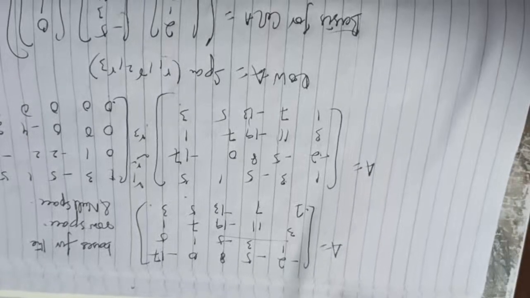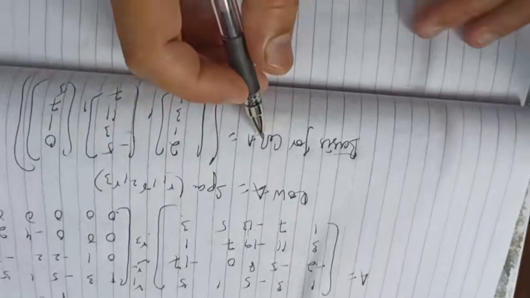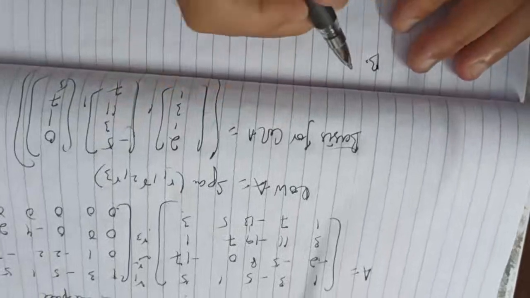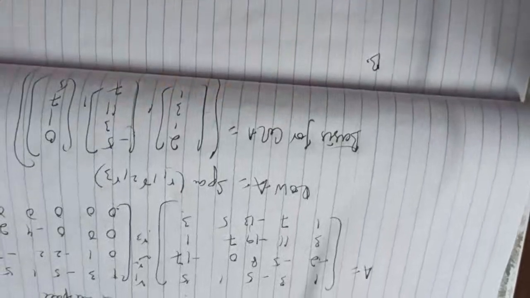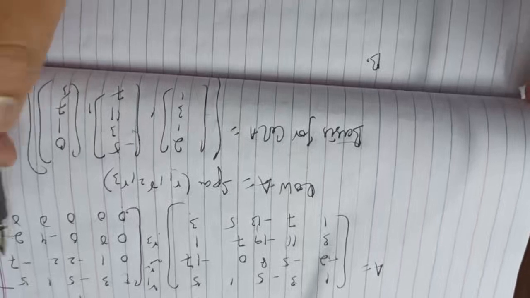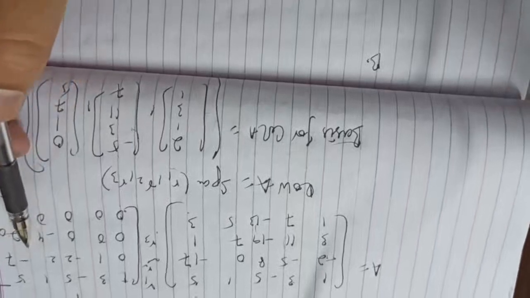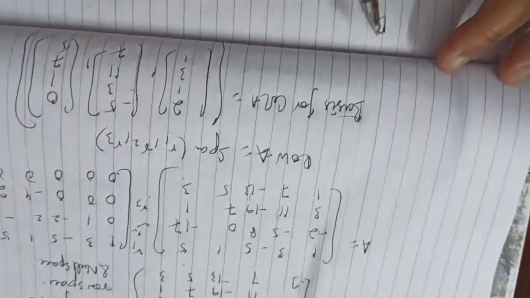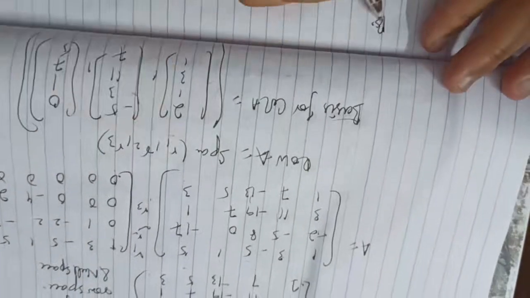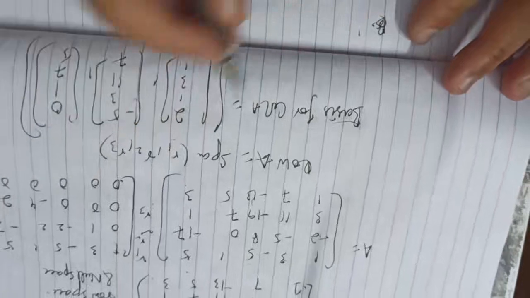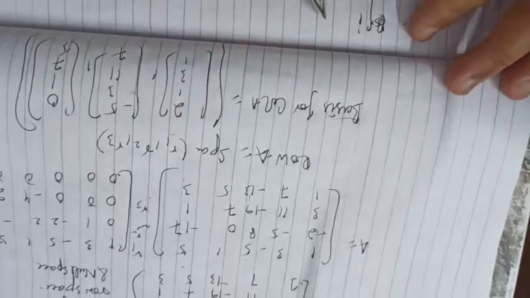Now, in order to find the basis for the null space, we take this matrix and reduce it to reduced echelon form. When we reduce it, this matrix comes out. We write this again here.